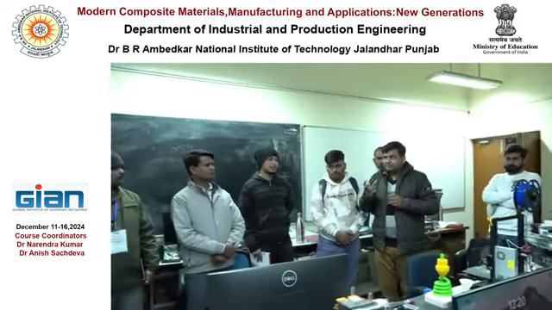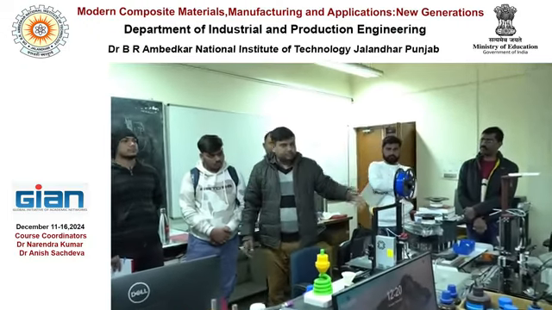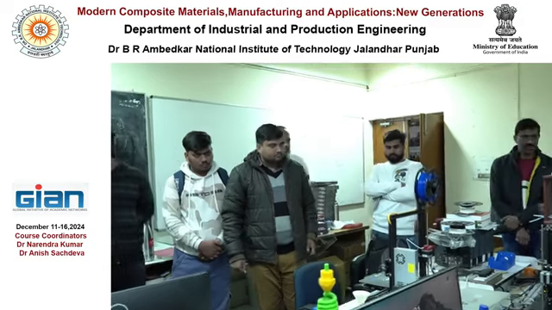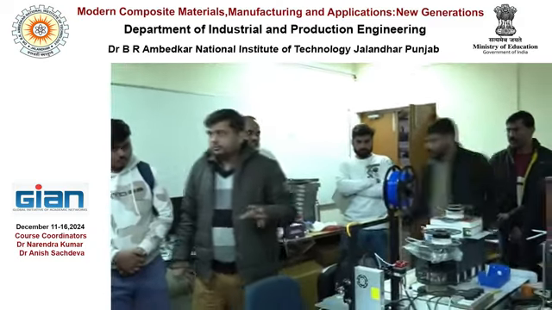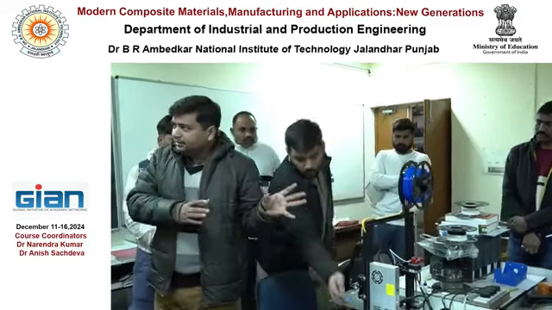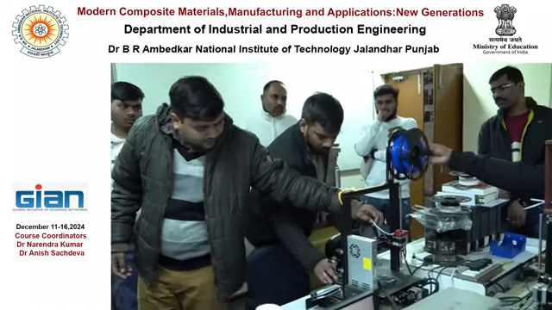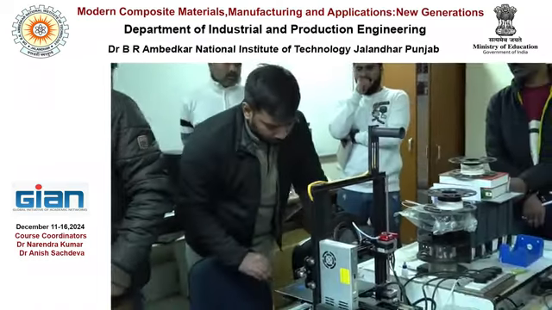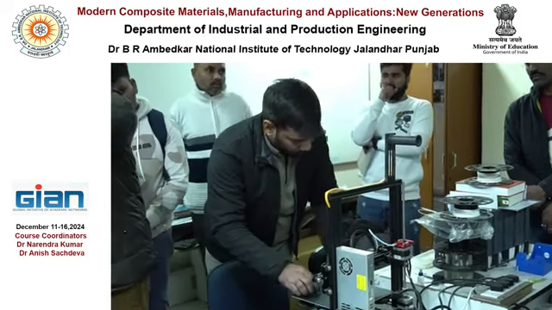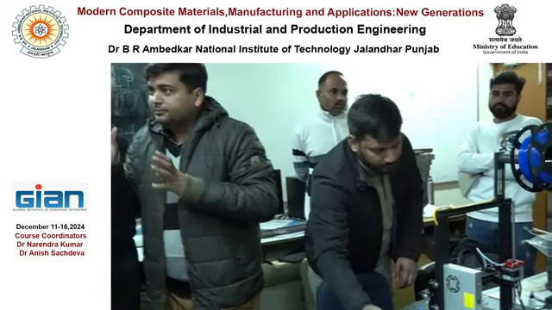Because here, what happens when we feed this material in filament form? Wait, please switch this on. When we feed the material in filament form, the filament goes inside this extruder head. This is the pipe through which the filament will enter the extruder head. The solid part of the filament will act as a plunger itself.